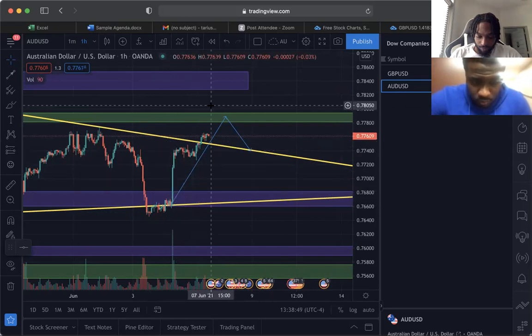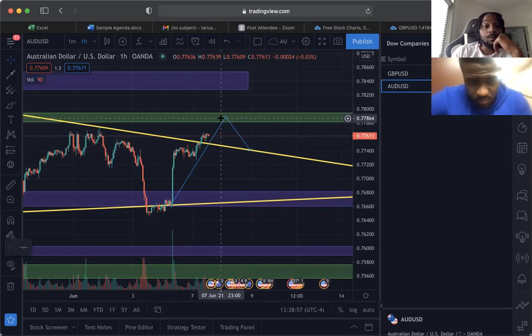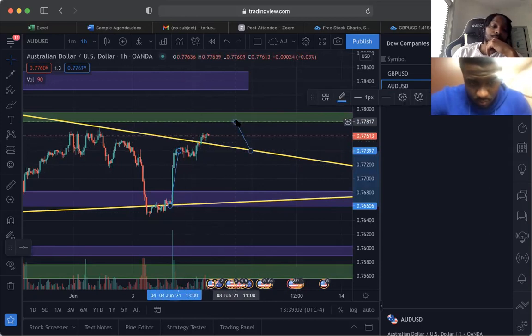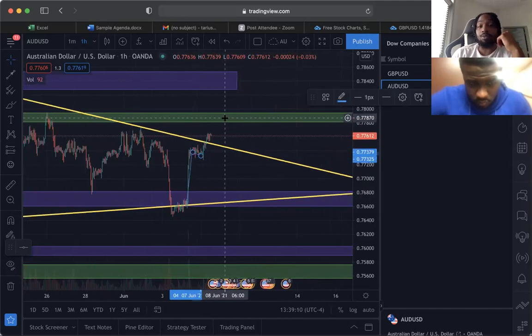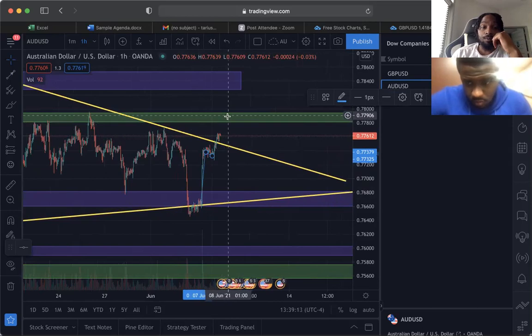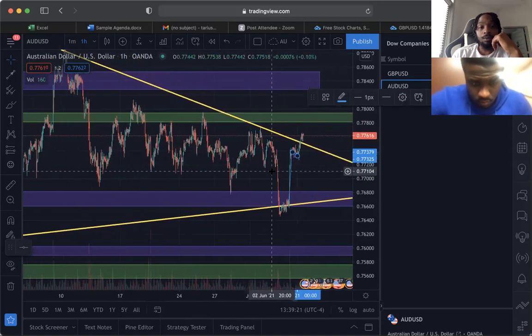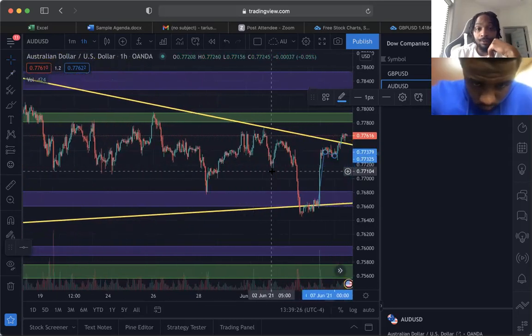So boom, boom, boom. Wouldn't it have to come back here again to push back up? Yep, and that resistance will end up turning into support. He said what? That level of resistance up there to the left will end up turning into support. Like that area right there to the left, right here.